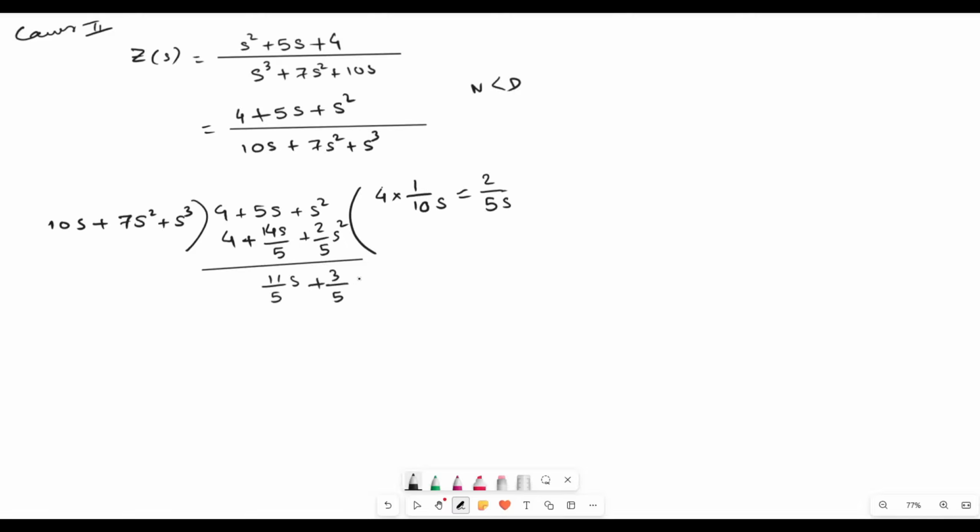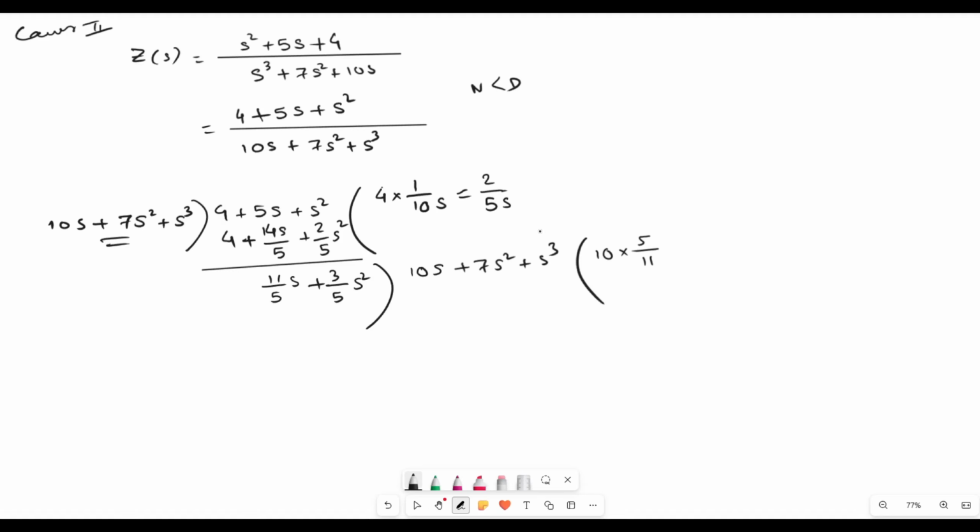Plus 3 by 5 s square, and we have to now divide 10s plus 7s square plus s cube. This is nothing but this term. I hope you have realized that. Now to get 10s, we will be requiring 10, so directly put 10. Then just reverse this, 5 by 11.